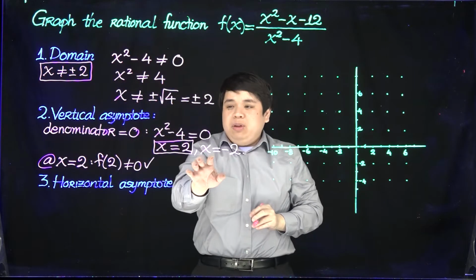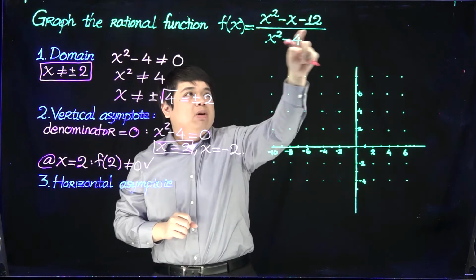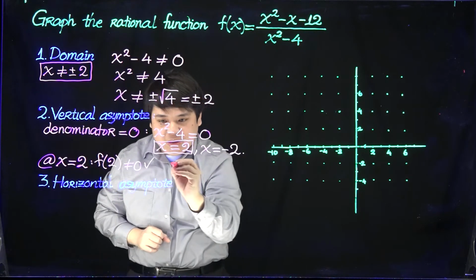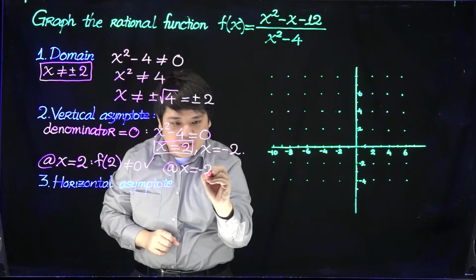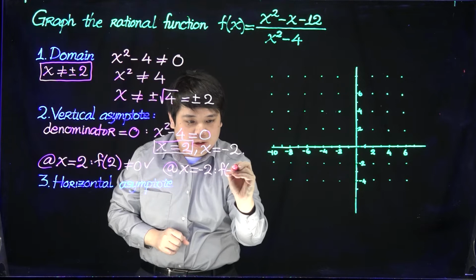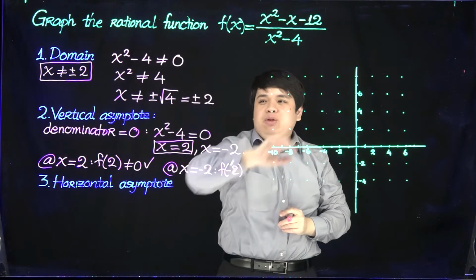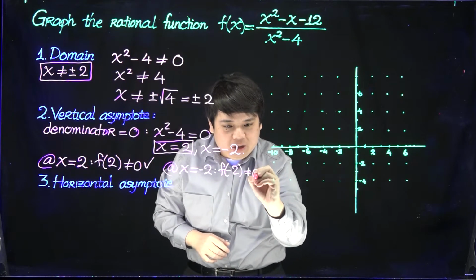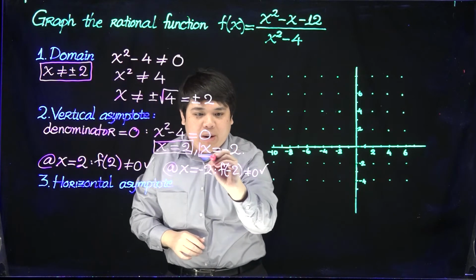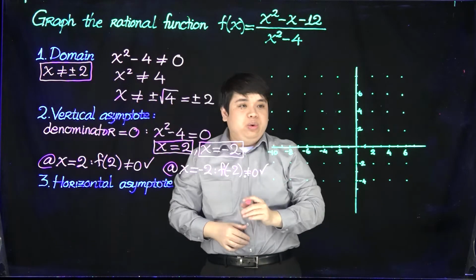Next, we do the same thing. Put -2 into the numerator, so we have -2 squared minus -2 minus 12. That's not equal to 0 either. So we have 2 vertical asymptotes, x equal to 2 and x equal to -2.